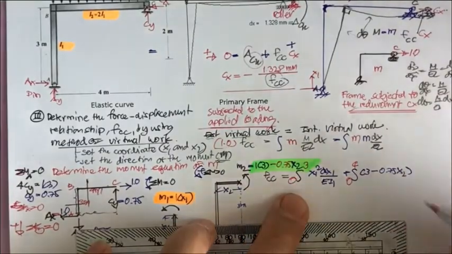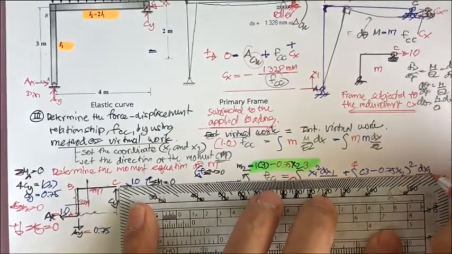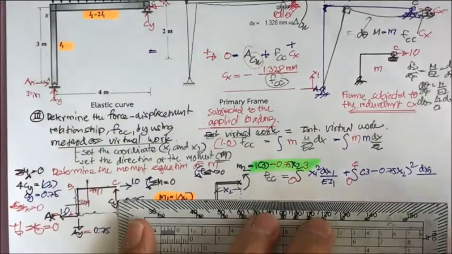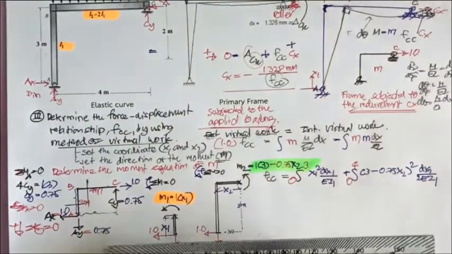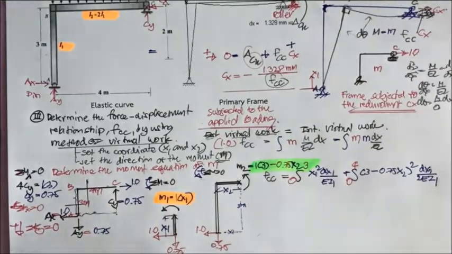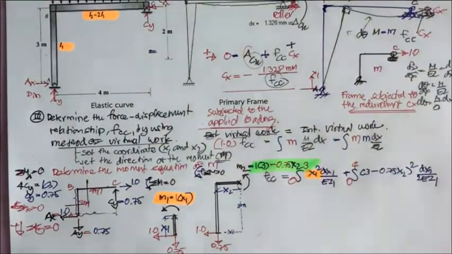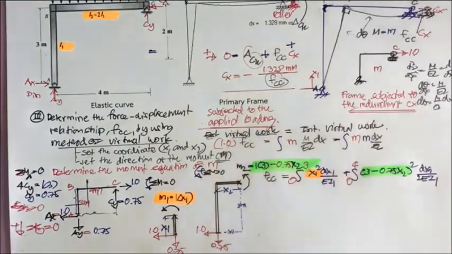And this is going to be squared. And then you're going to dx2 divided by what? This is 2EI1. So 2EI1. Okay. Now, this is going to be x squared. And this is going to be that term, m2 squared.